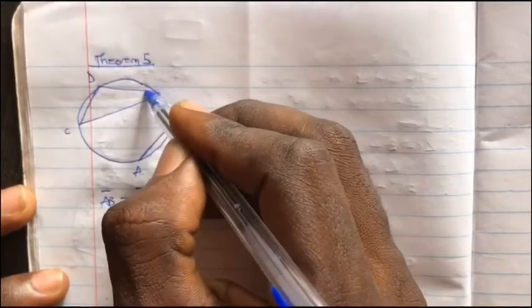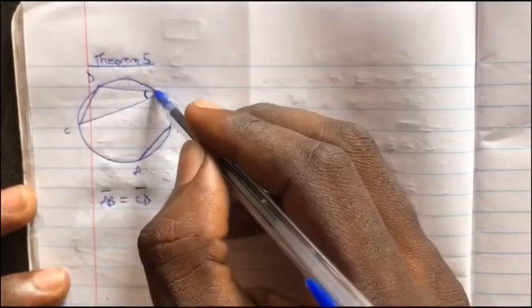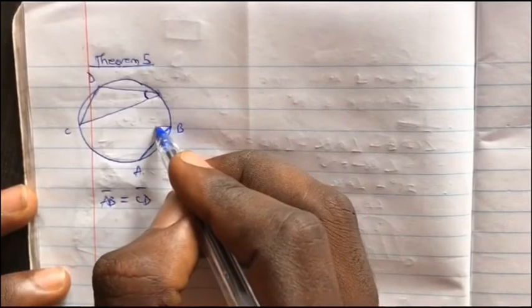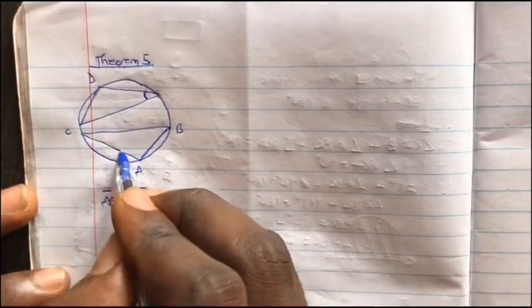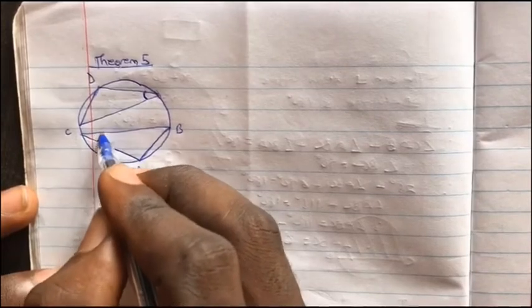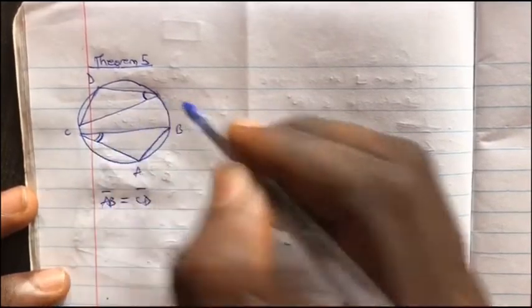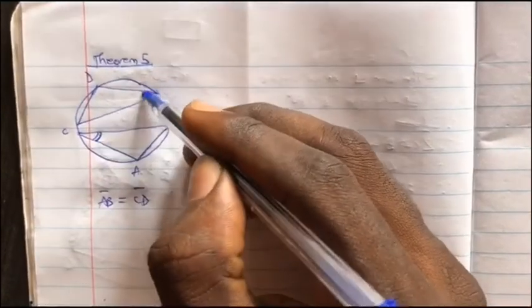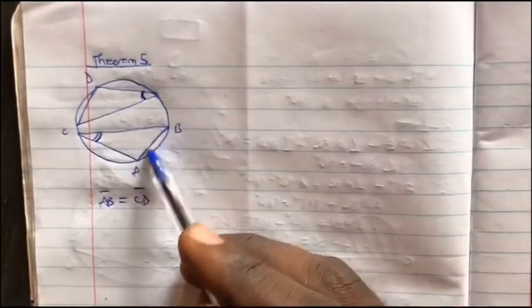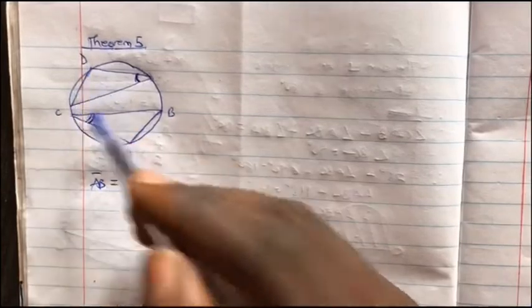This is the angle chord CD subtends at the circumference, and this is the angle chord AB subtends at the circumference. So this angle will be equal to that angle only if these chords are the same.